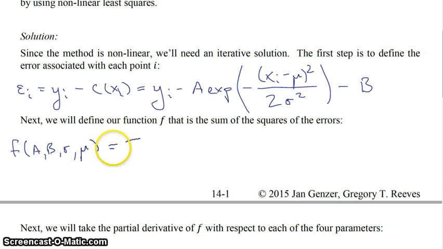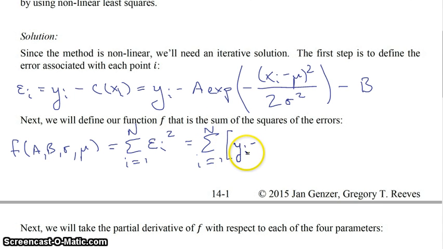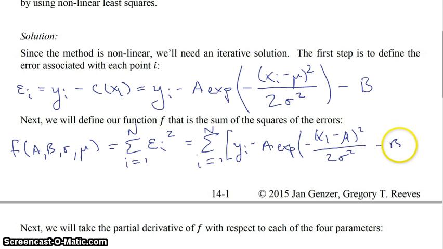But that's equal to the sum i equals 1 to n of epsilon i squared. Or if we're going to write this all out, sum i equals 1 to n of the quantity yi minus a exponential minus xi minus mu quantity squared over 2 sigma squared minus b.